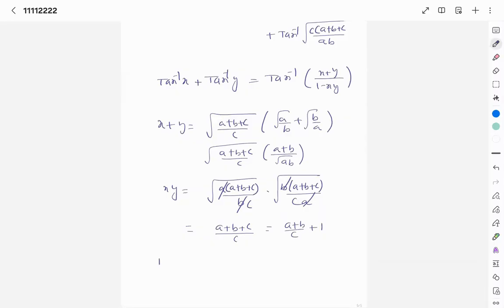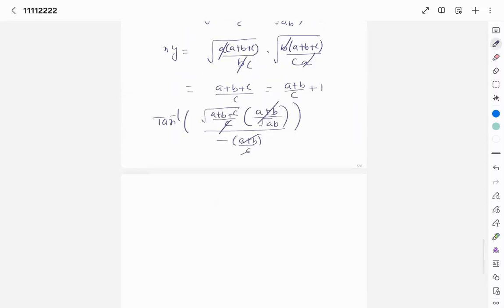So tan inverse of x plus y, you take it common, you get (a plus b) by root ab, over 1 minus xy, means 1 gets cancelled, minus (a plus b) by c.